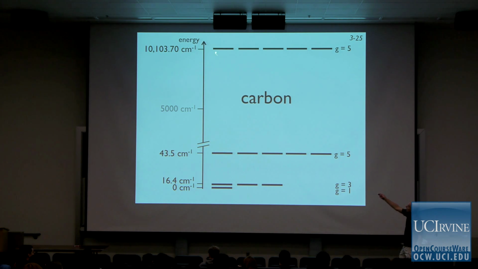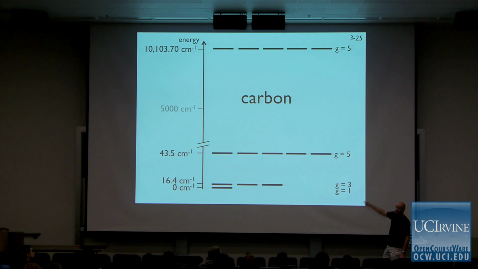All I've drawn here are the electronic states of carbon, from that table that I just showed you. Here's the ground state. It's non-degenerate. Here's the first excited state. It's only at 16.4 wave numbers, really, really close. The next excited state's at 43 wave numbers. Then there's a discontinuity here, notice, on this energy axis, because that's 5,000.